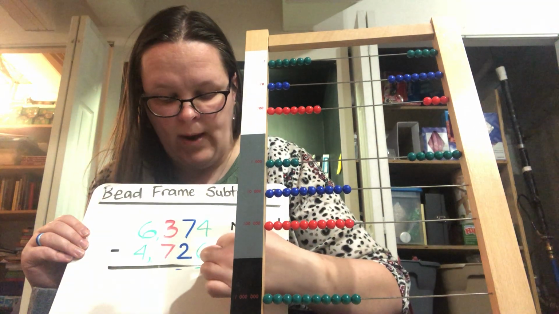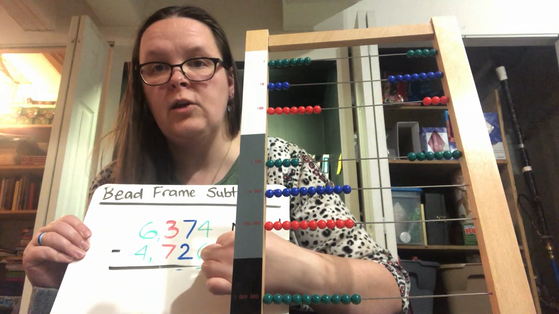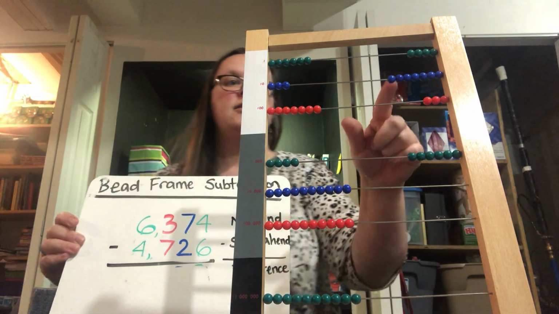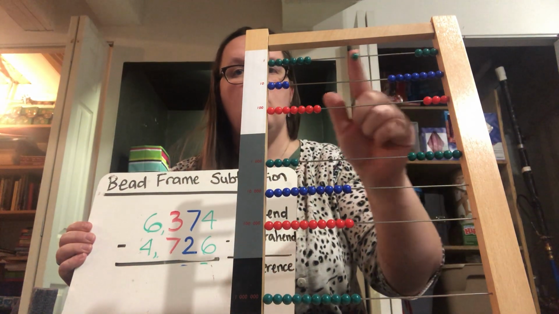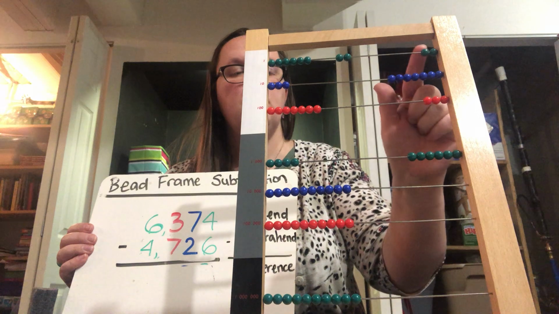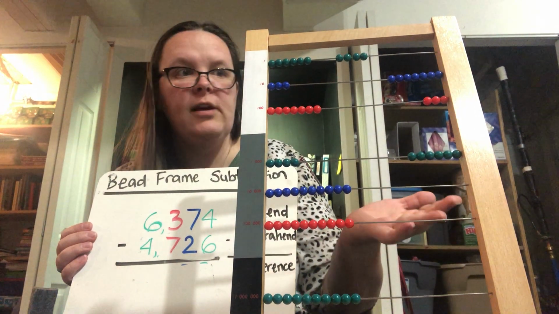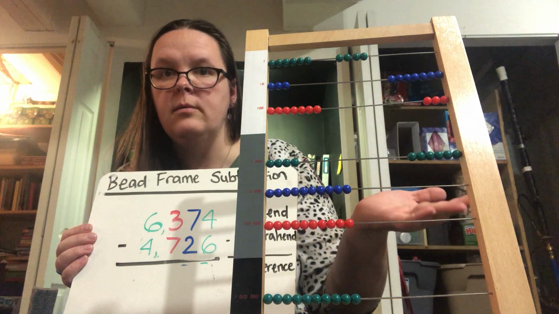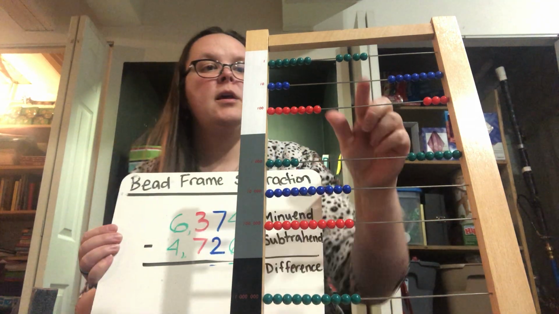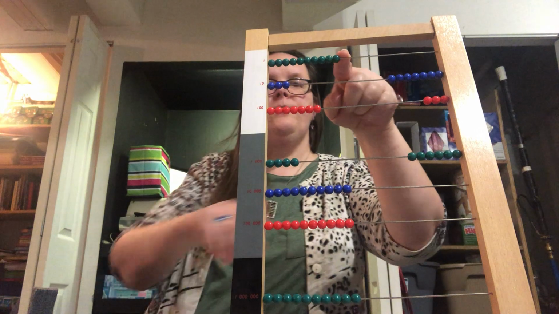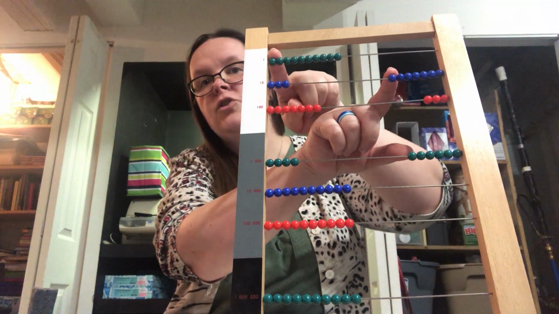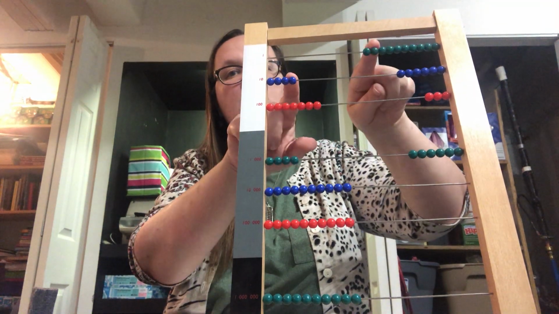Now I need to take away 6 units. Okay, let's start taking them away. 1, 2, 3, 4. Uh-oh, I ran out. What am I going to do? I'm going to exchange. Push these over. My fingers are going to cross.